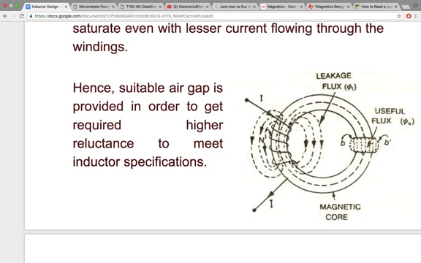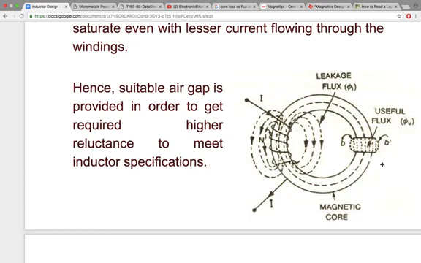Now it may happen that if the length of the air gap goes higher, some fluxes may leak out. Some fluxes may go away from the main magnetic path, and that may create noise for other power signals, or they may create EMI/EMC issues. Proper care, like proper shielding, is very important.